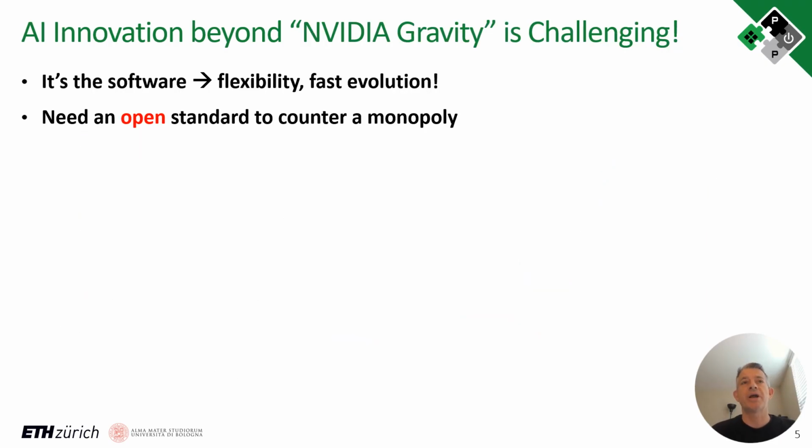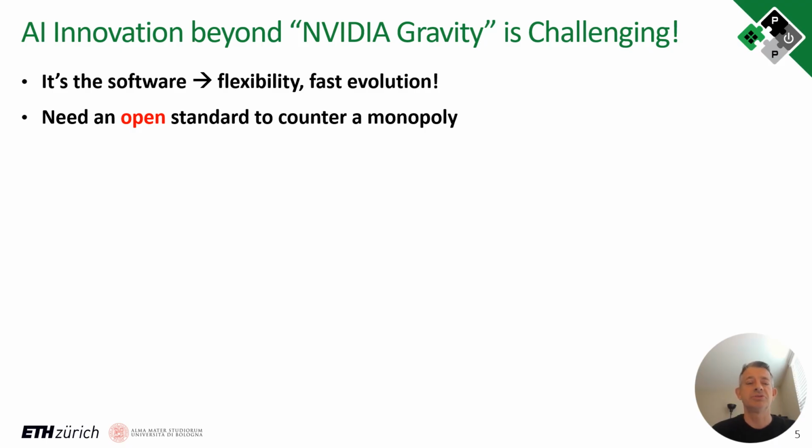And this is where the big challenge comes if you're not NVIDIA, in the sense that you have to innovate in the software, achieving flexibility to support the fast execution of models and algorithms, while at the same time achieving high efficiency. Now, if you are a hardware monopoly, that is probably feasible and easy.